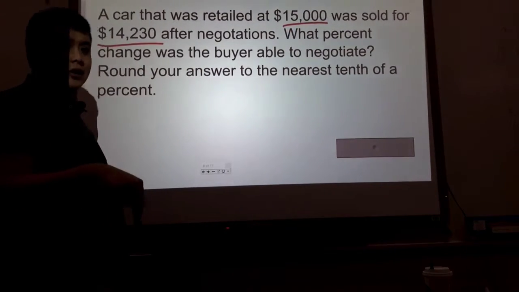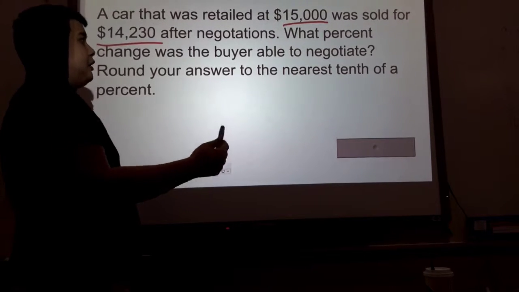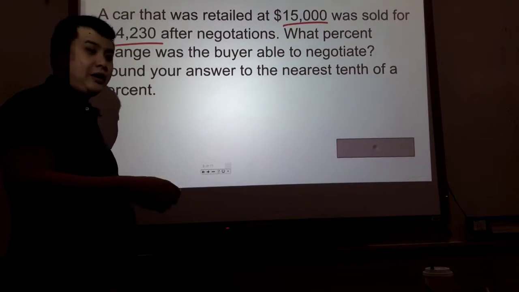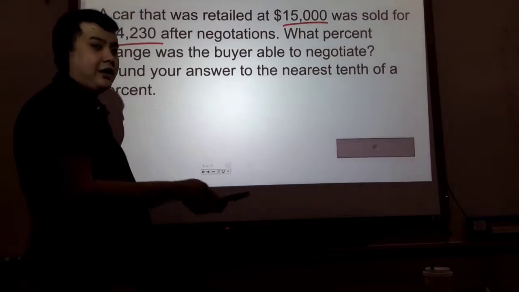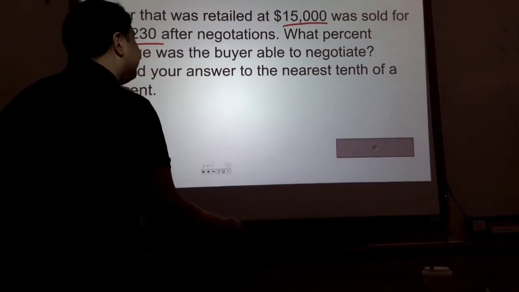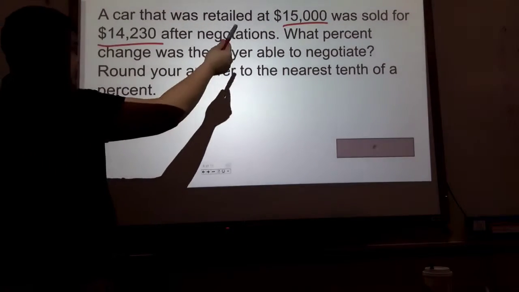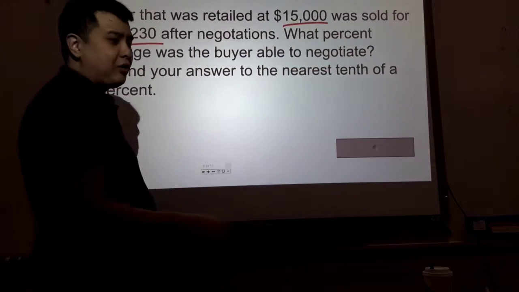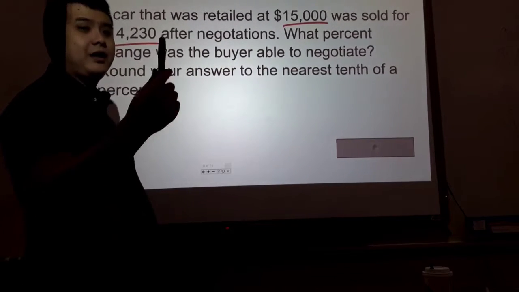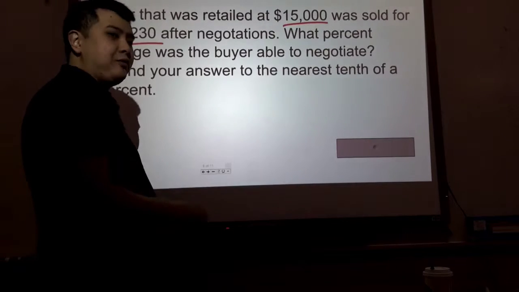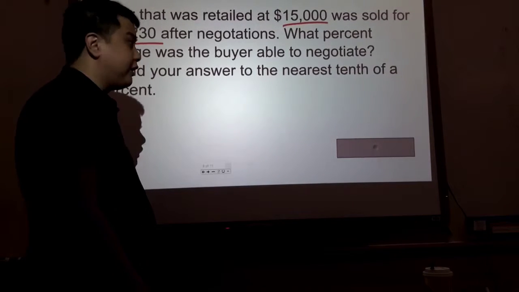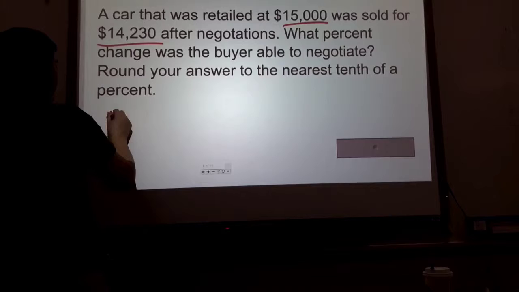Notice how this one is going down. So we should expect a negative number, but this already implies that it's going down anyways. So we don't need to put the negative in front of it. Remember when we did absolute values, if the question implies downward movement, we don't need to include the negative value.